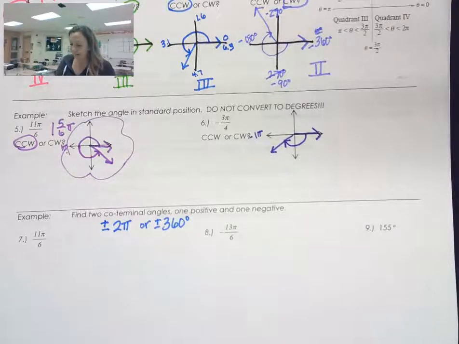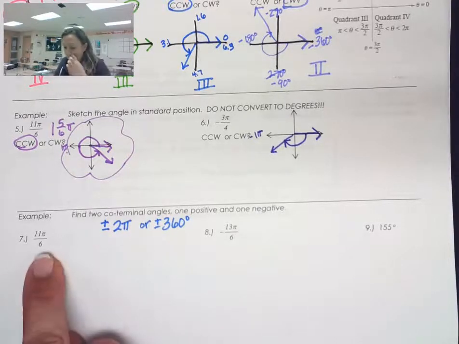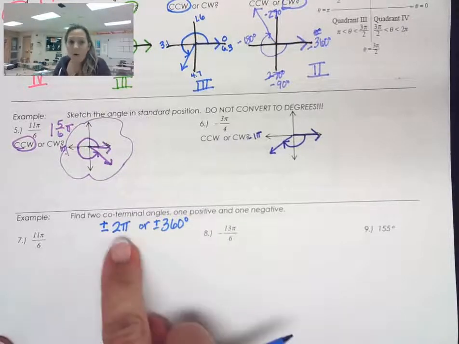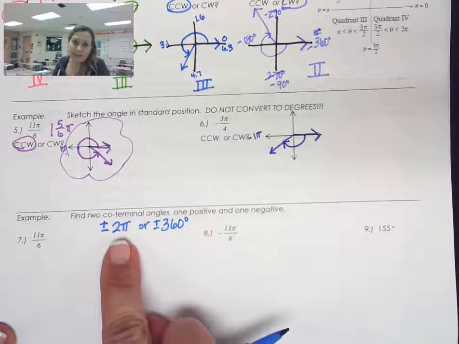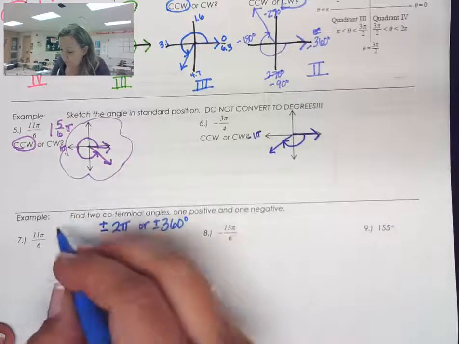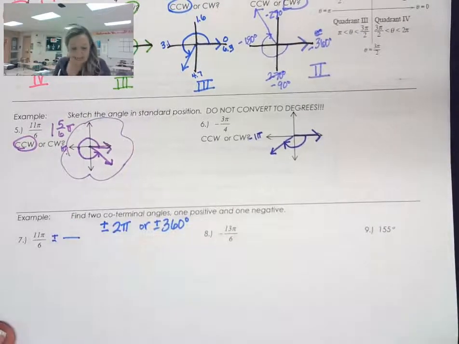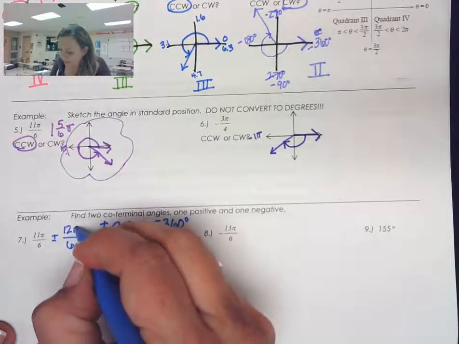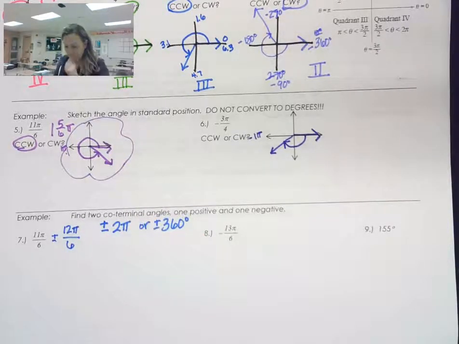So in number 7, when I have 11 pi over 6, I want to add or subtract 2 pi. Well, adding and subtracting 2 pi, because this is a fraction, isn't going to do much good. Let's write it as an equivalent form with a common denominator of 6. How could you rewrite 2 pi with a denominator of 6? Well, that would just be 12 pi over 6.